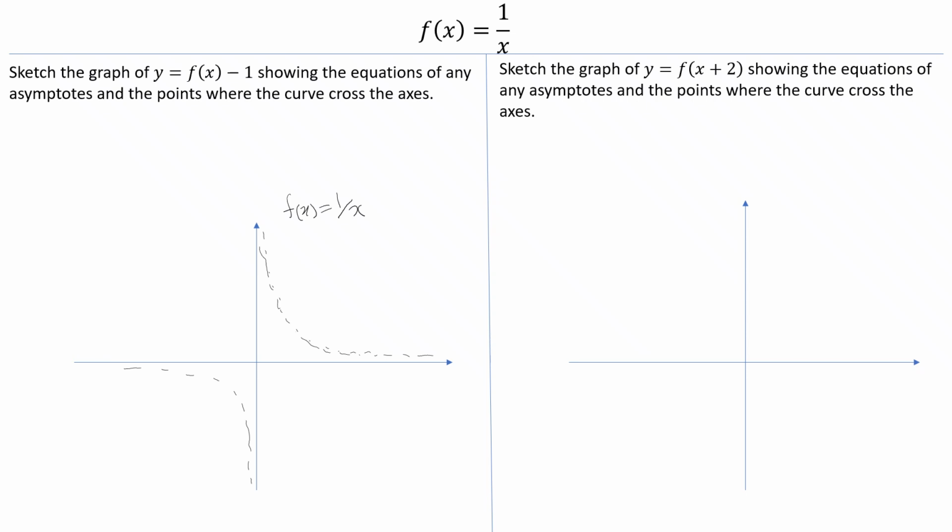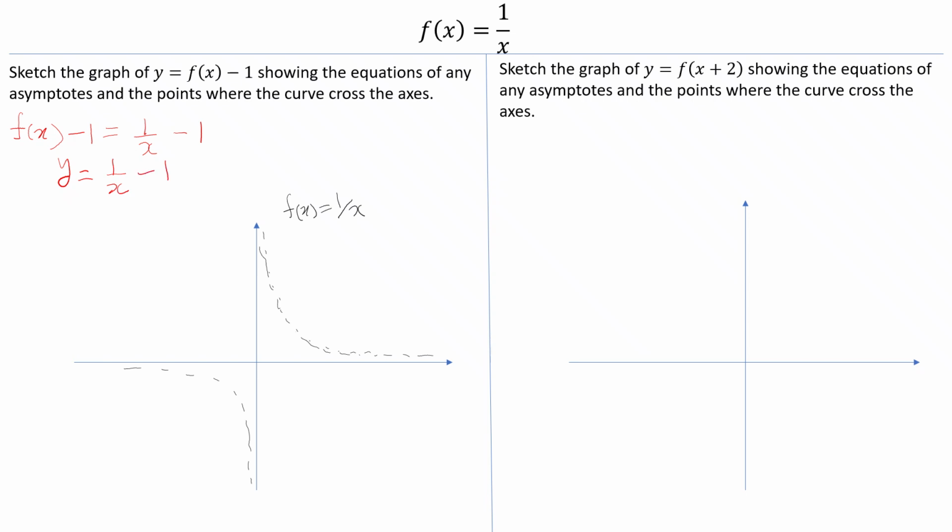Now write the equation for f(x) minus 1. So x is not changed. f(x) is 1 over x, and minus 1. So the equation is y equals 1 over x minus 1.